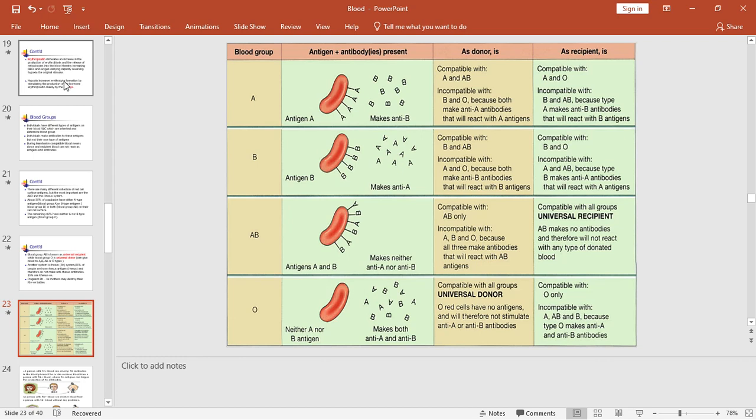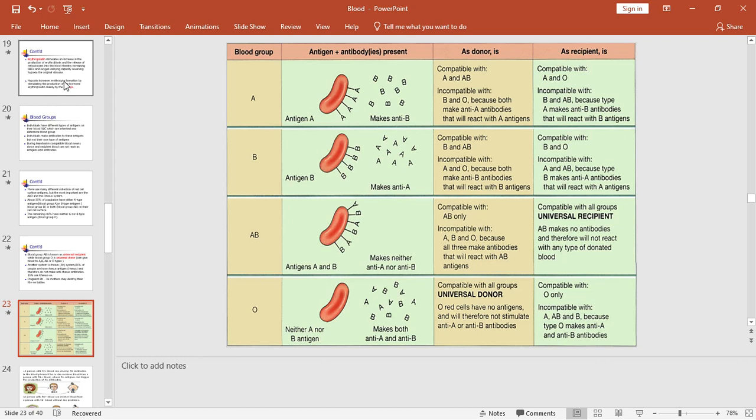And you can see that a person that has got blood group A can, as a donor, donate to somebody that has A and that has AB. You know why?